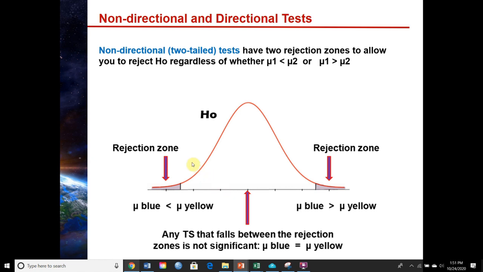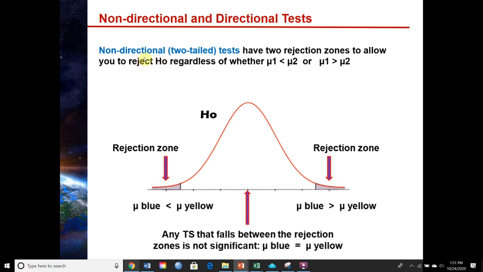What is really important for understanding two-tailed tests is that you have two rejection zones. They're going to be the same size, and as long as you are in one of them, you can reject H0. If you're in between, then you're going to have to retain H0. That's the only thing that matters, okay?